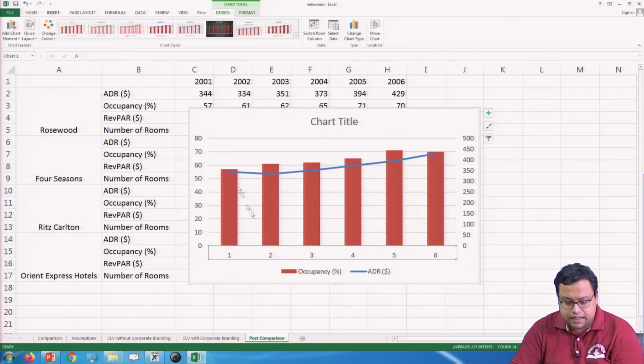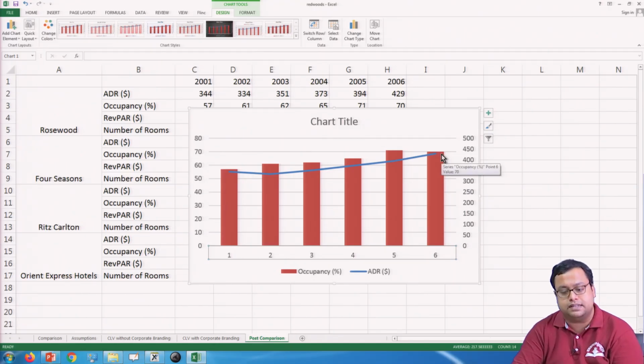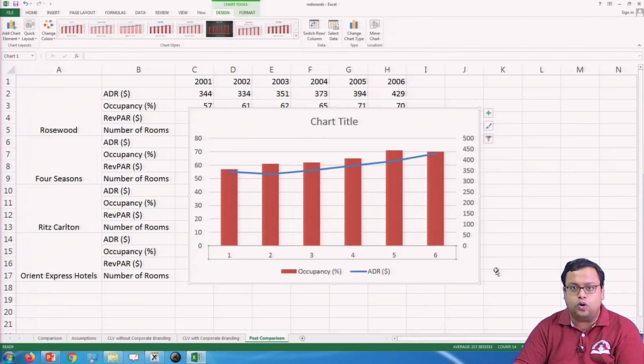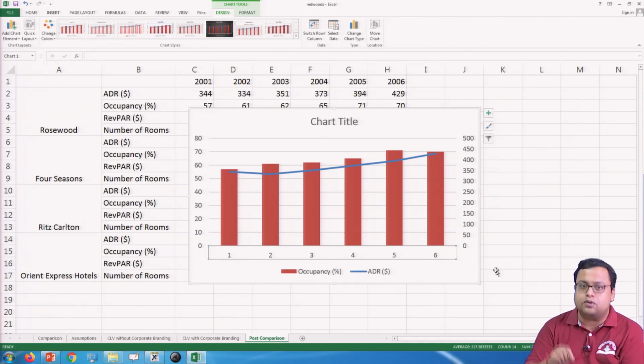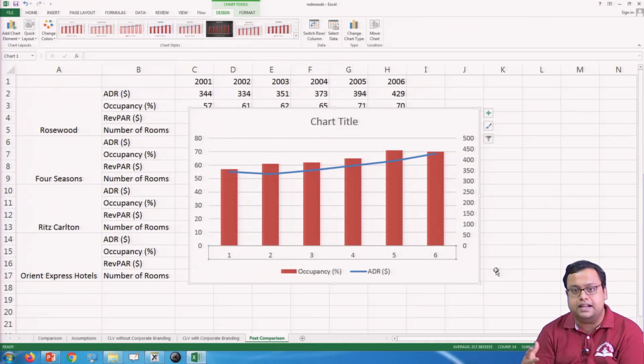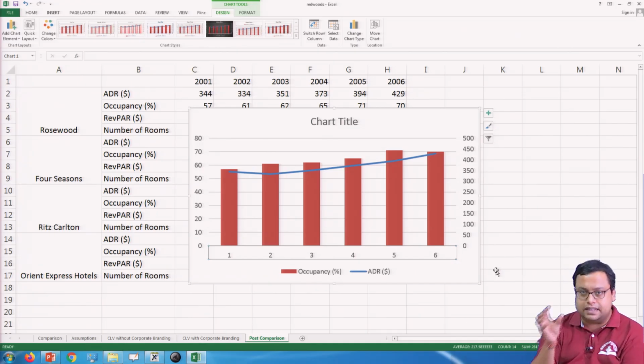If you see, 2001 to 3 we have plotted till this point, after that their ADR also went up, but still the occupancy rate went up. Occupancy rate went up to 70%, probably sometimes higher than 70%, 72%. So, after adopting corporate branding, they could still increase the price and their occupancy rate still went up, because now the Rosewood brand became well known for heritage sites and so on, rather than individual brands.